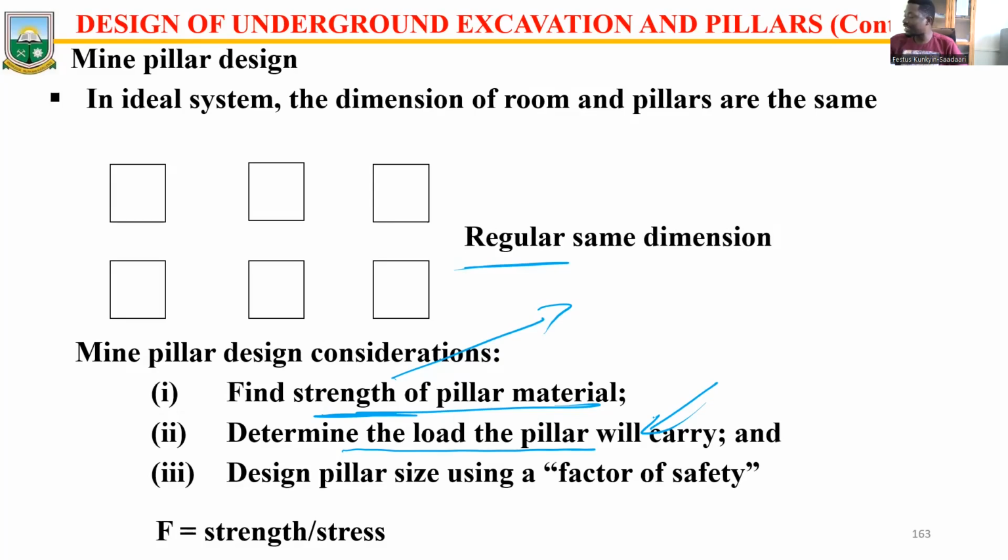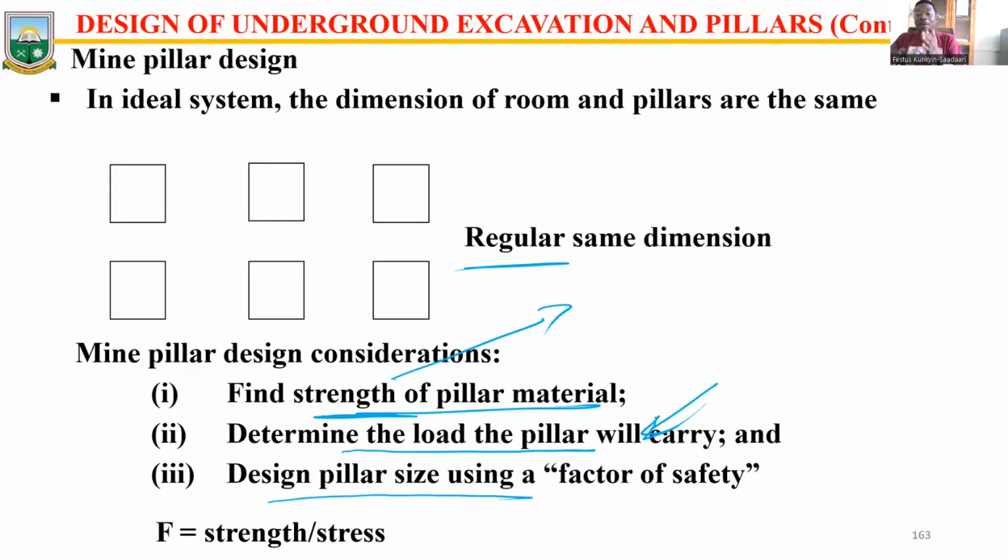But before you can tell, you need to know the strength. Then design the pillar sizes using what we call factor of safety. So you need to know the factor of safety, at which point you'll be able to tell the limiting equilibrium.